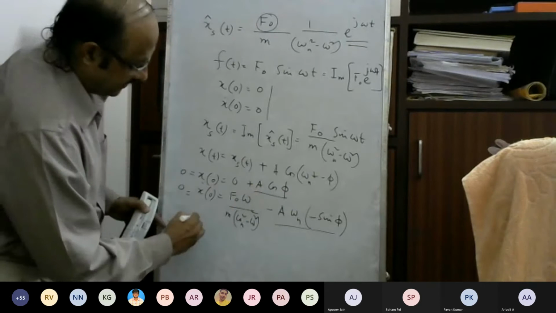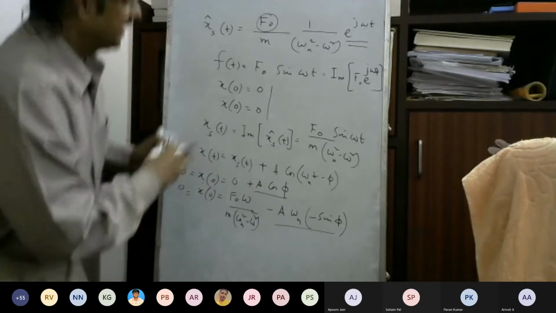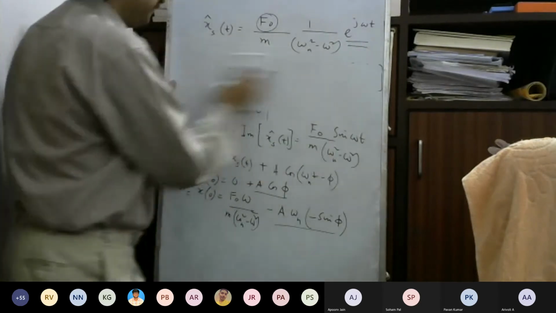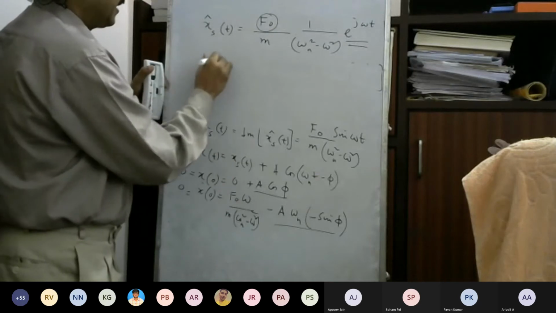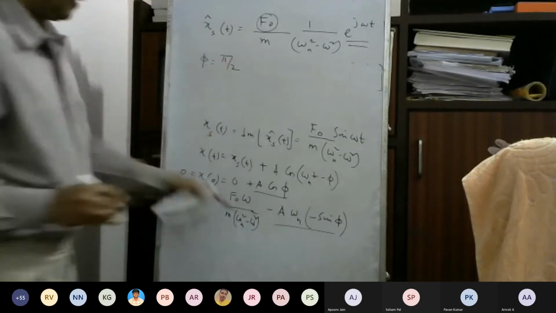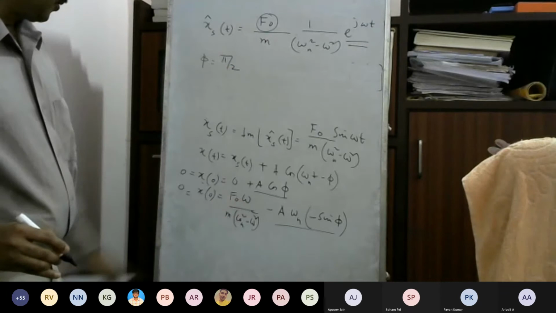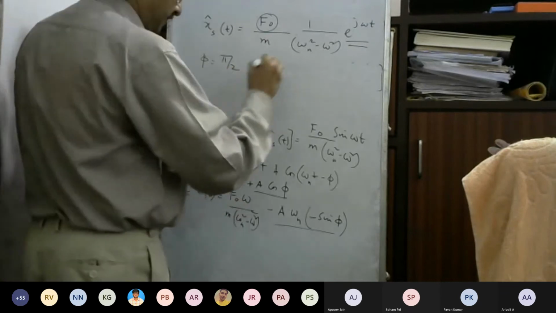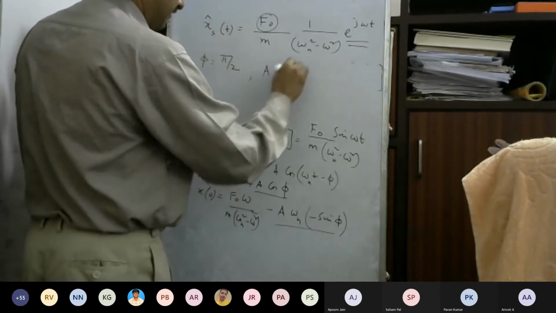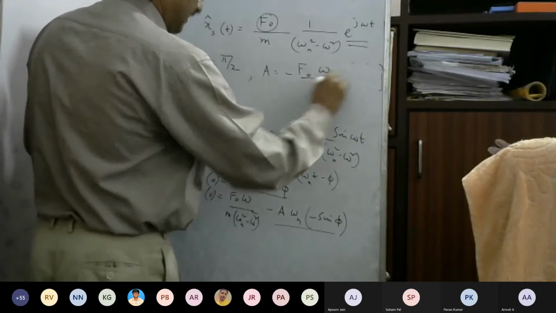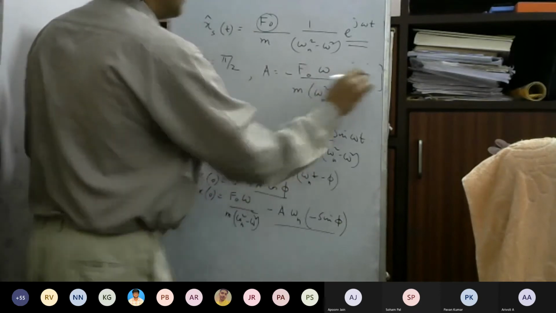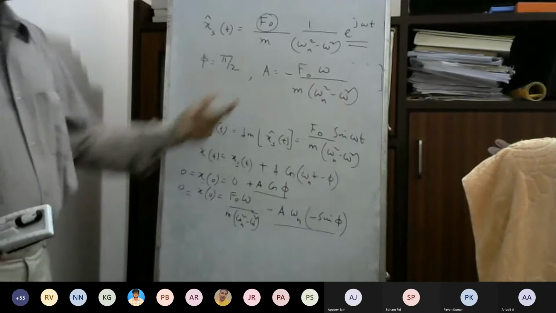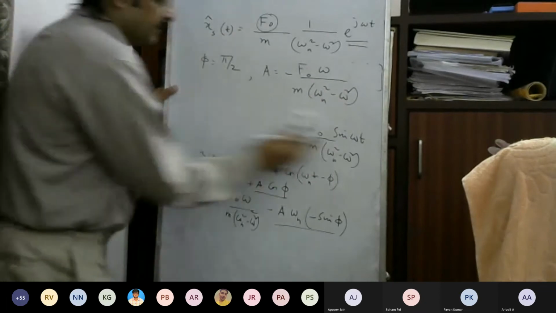So now you see from here that phi must be equal to pi by 2, and A will be equal to minus f naught omega divided by m times omega n square minus omega square. So A and phi will be like this.